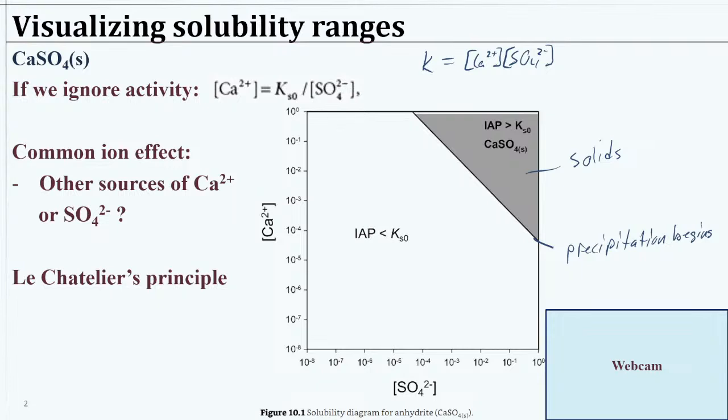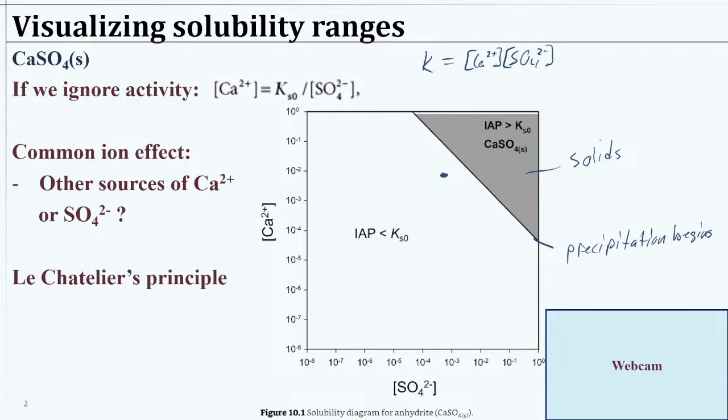Okay? So then we can say we have a few different things in practice that we can consider. What if we have some other source of calcium or sulfate that we add to the solution? You know, we might be considering we have a little bit of calcium sulfate that we dissolve. Maybe it lands right here based on some amount we dissolve. Okay? We add a calcium sulfate salt, that exact amount.